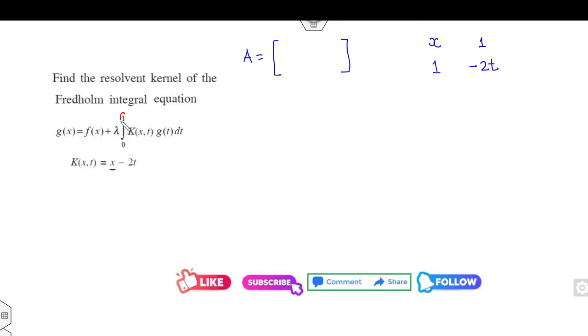Write the first integration from 0 to 1: the integration of x is half, fine; the integration of 1 is 1, fine; the integration of minus 2t is t²/2, it's a -1; and the last part is minus of 2x², the integration of -2x² is -2/3. Is it fine?